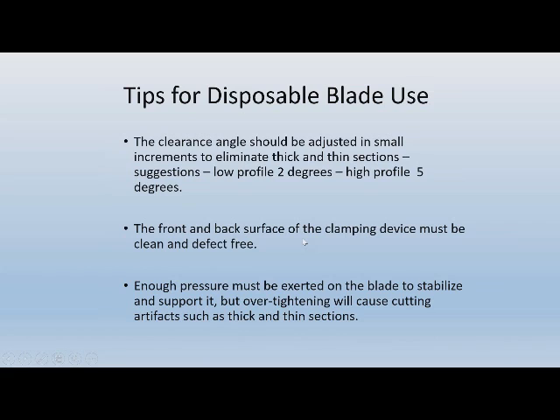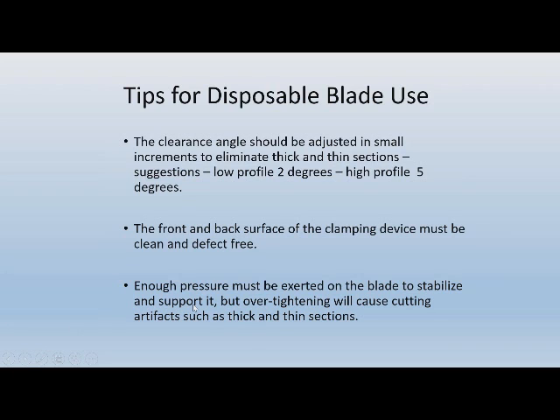Front and back surfaces of clamping devices must be clean and defect free. So just keep a clean surface on your knife holder. Here's one that we abuse a lot. Some of us do anyway. You need to have enough pressure on your blade holder, that little piece of metal that goes across your blade, to stabilize and support it.